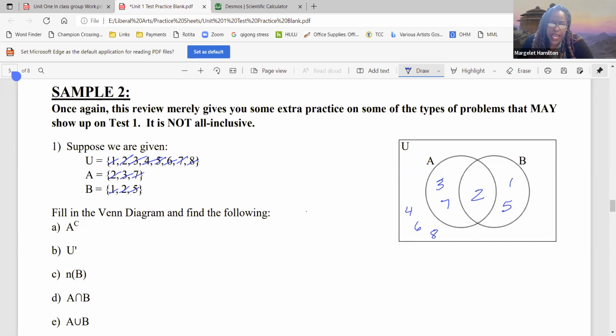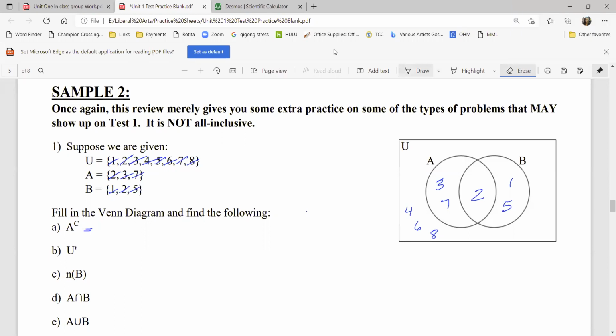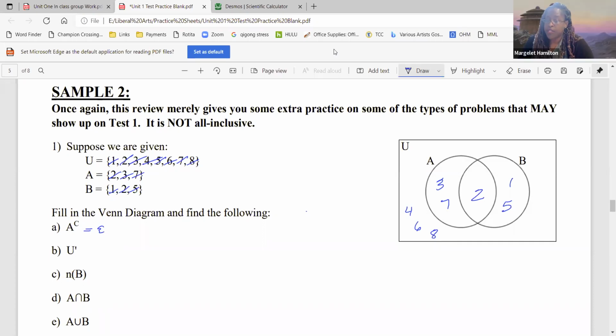Say, for instance, A with this C right here. What does that mean? Complement. A complement. But what does complement mean? Everything that's not in whatever set, in this case, A. So tell me what's not in A. Putting it in order, and look at A now.